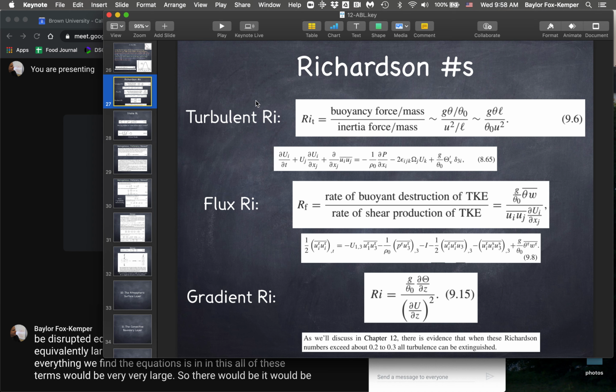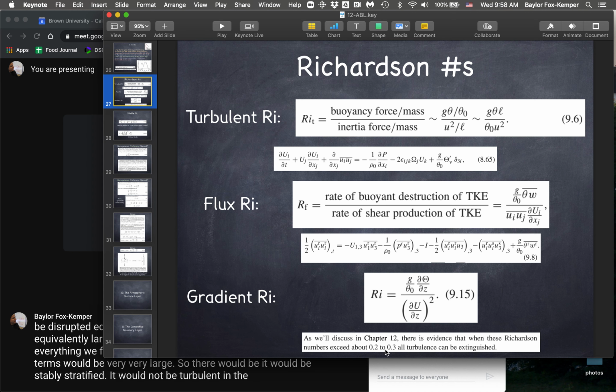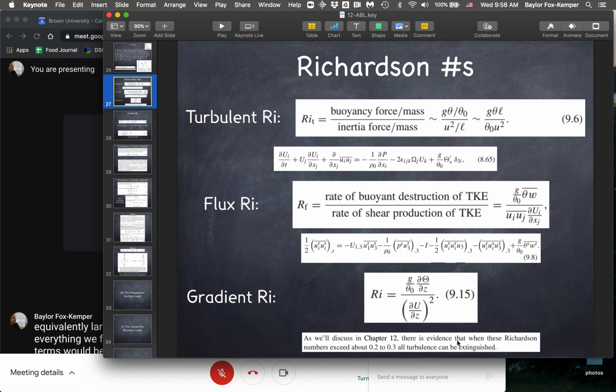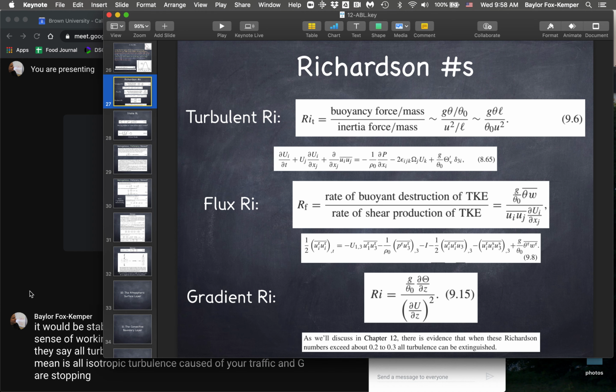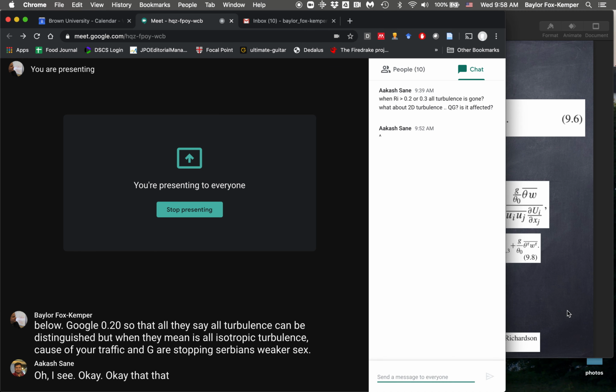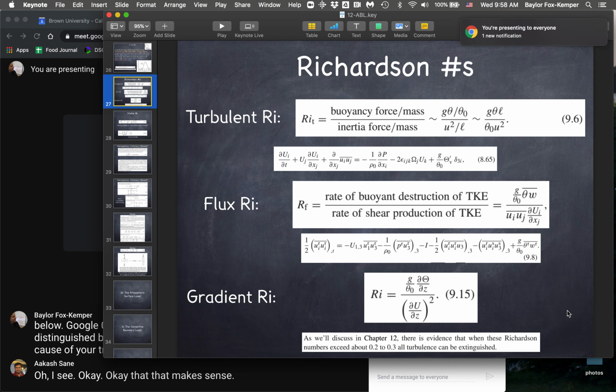It would not be turbulent in the sense of Richardson number below 0.2. So when they say all turbulence can be extinguished, what they mean is all isotropic turbulence; quasi-geostrophic and geostrophic turbulence would persist. Oh, I see. Okay, that makes sense.